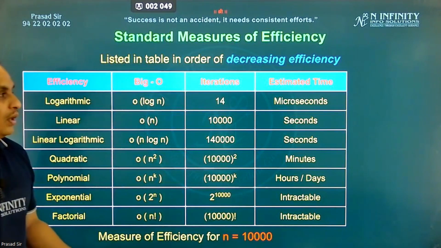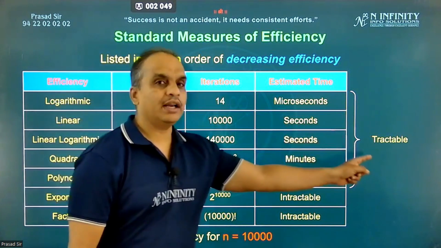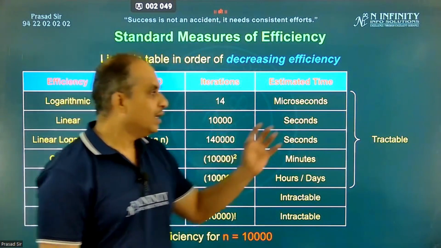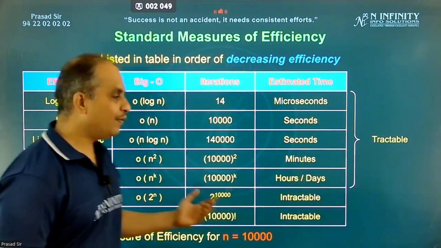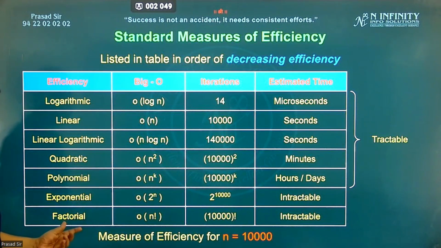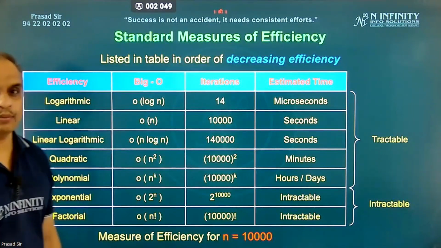So I can say that problems up to polynomial time complexity we are able to solve through computing, and generally we call them tractable problems. And the entities after that, exponential time complexity as well as factorial time complexity, those problems are known as intractable problems.